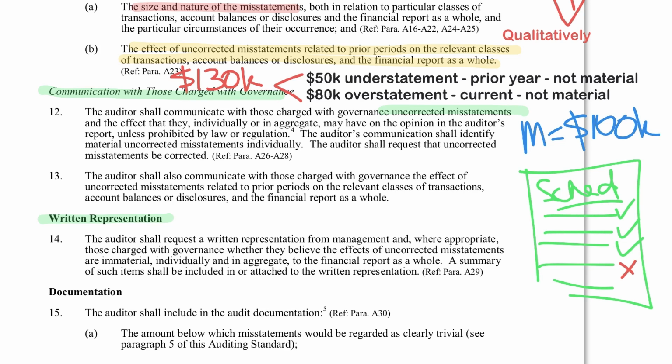And importantly, this is going to be the impact on the financial report as a whole. So you want to have that information included in a written format to the client, typically our audit committee. That's important so that management can't come back later and say, oh, I didn't know, you didn't tell us. We have it written down.